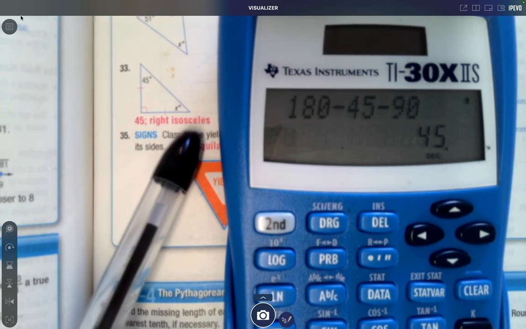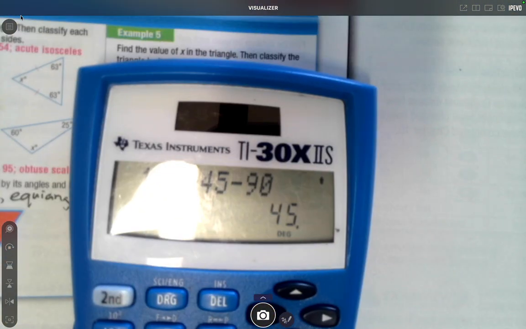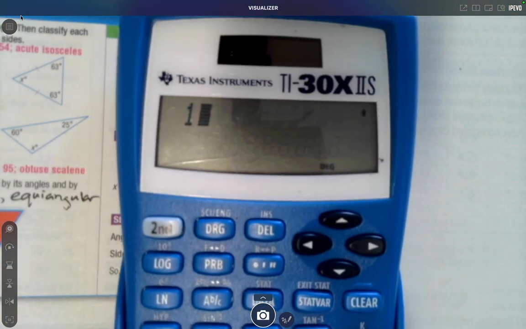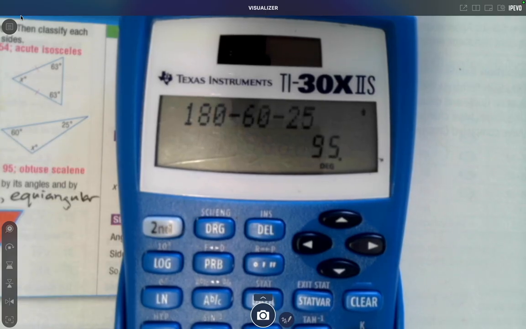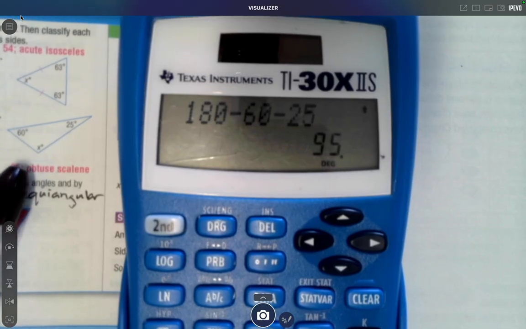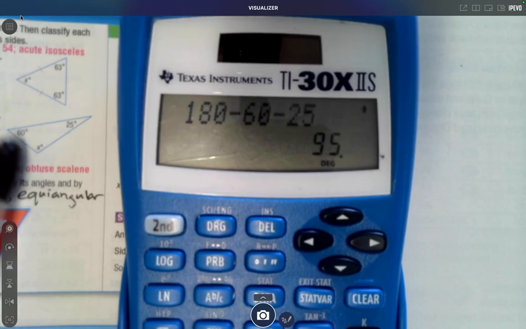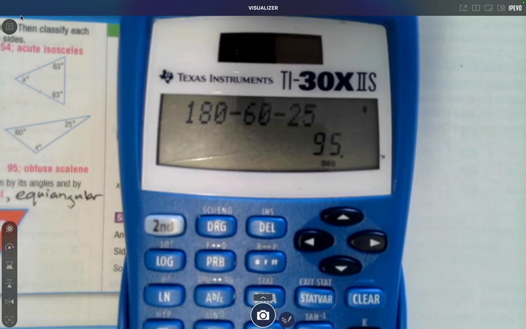That means isosceles. 34, we do 180 minus 60 minus 25. So the missing angle is 95 degrees. That's bigger than 90. If just one angle is bigger than 90, we call the triangle obtuse. None of the sides are marked congruent, so it's scalene.